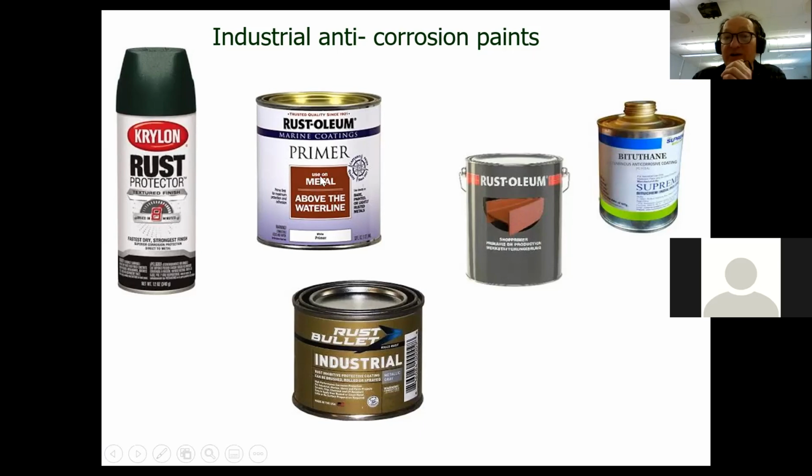This one's a primer. Remember what I just said a moment ago. The first thing you do with a metal to protect a metal with paint is, first of all, you put the primer coat on first. If you do not put this on, you directly put the top coat on, you're making a big mistake, because you can be sure that the top coat will not stick properly. So the primer, this is just one particular example, does two things.